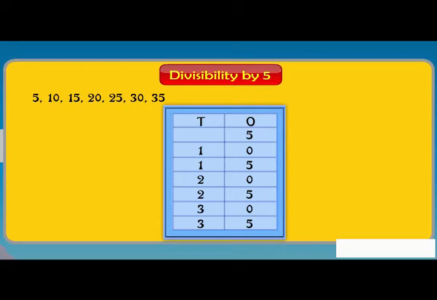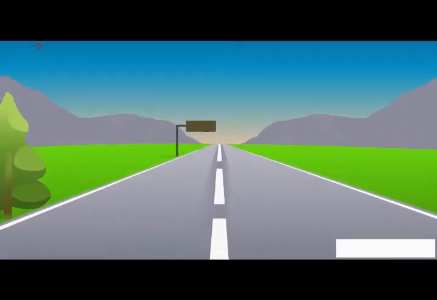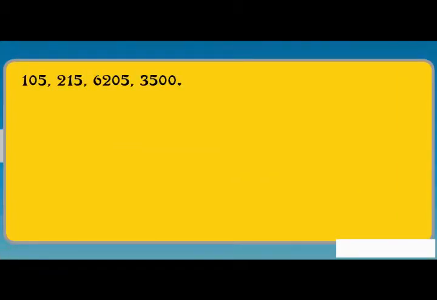We know that these numbers are divisible by 5. He observes that a number which has either 0 or 5 in its ones place is divisible by 5.